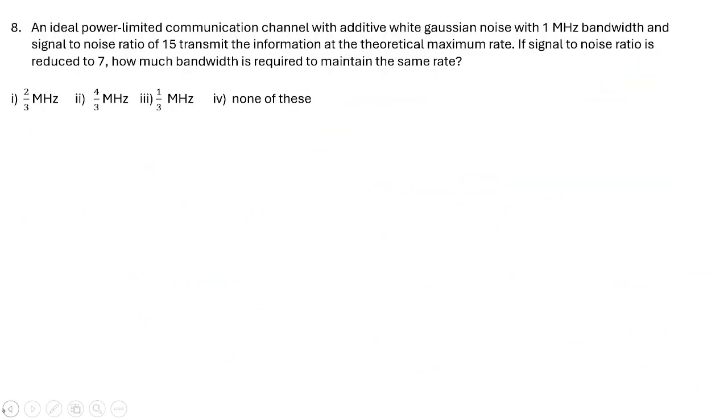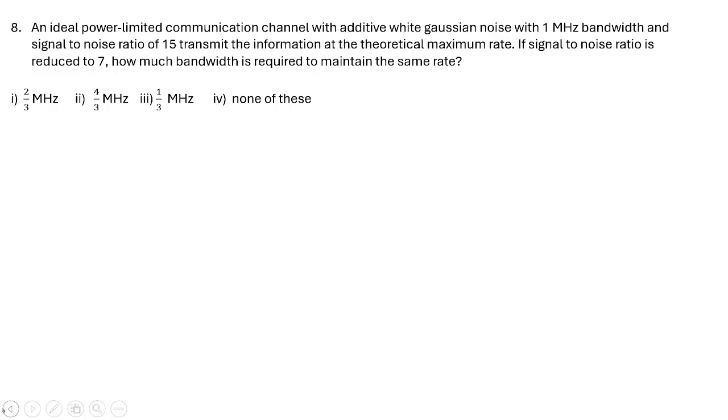Okay, next question is regarding the channel capacity of AWGN in a wireless channel. The question asks that an ideal power limited communication channel with additive white Gaussian noise with 1 MHz bandwidth and signal to noise ratio of 15 transmits the information at theoretical maximum rate.